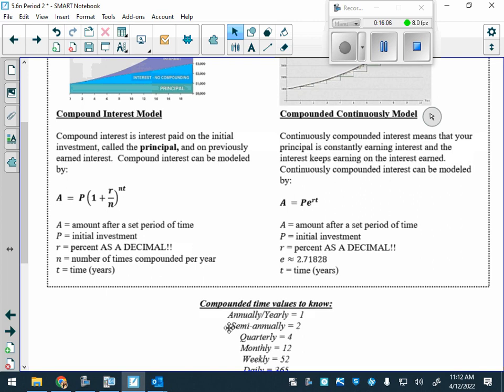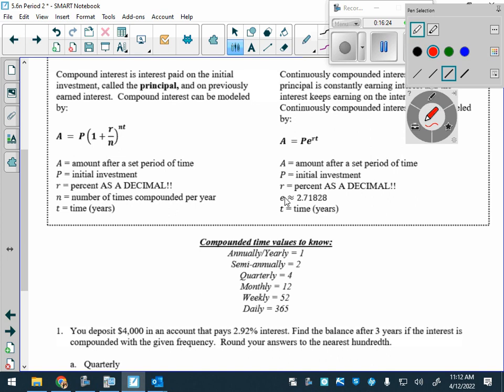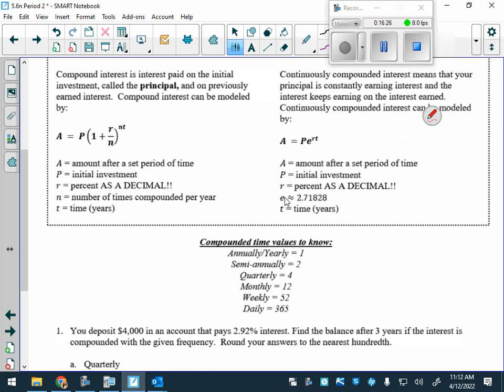So, for example, quarterly is how many times? 4. Monthly, 12. Okay? So, if you notice that both of these, A, P, R, and T are all the same. However, what is different is N. The number of times compounded per year.